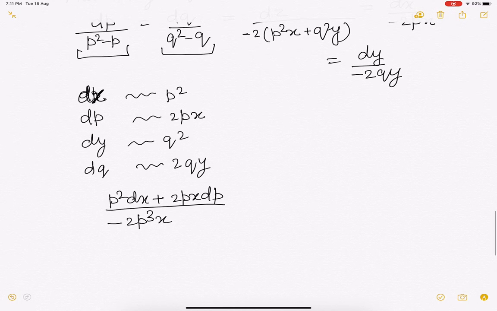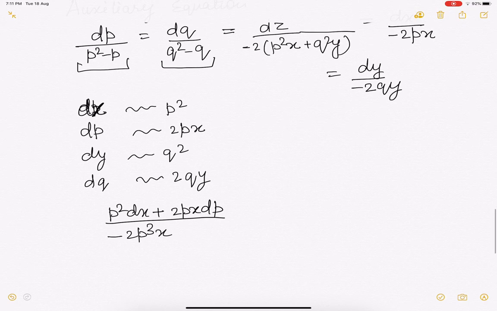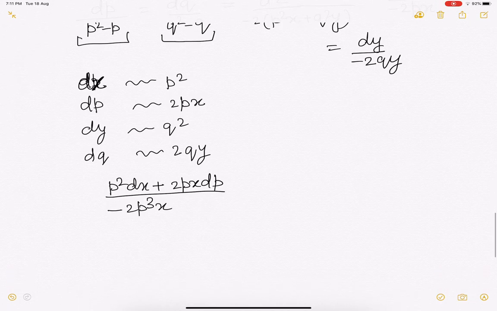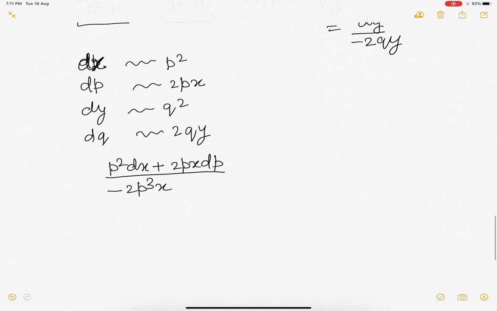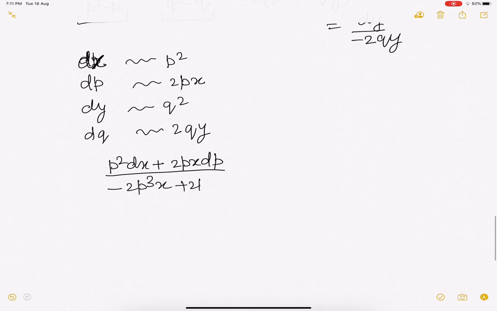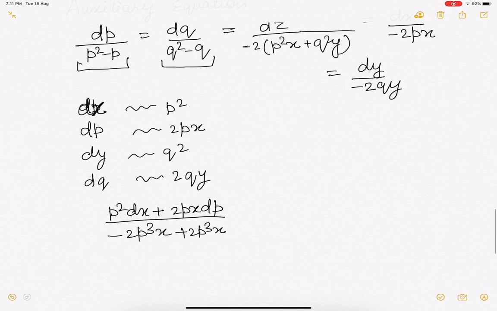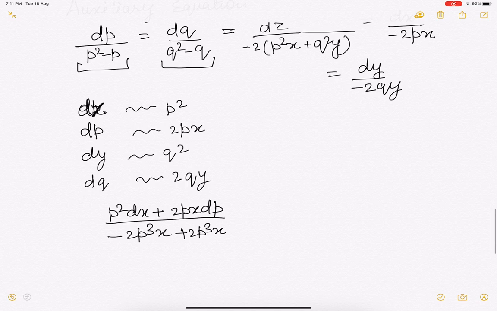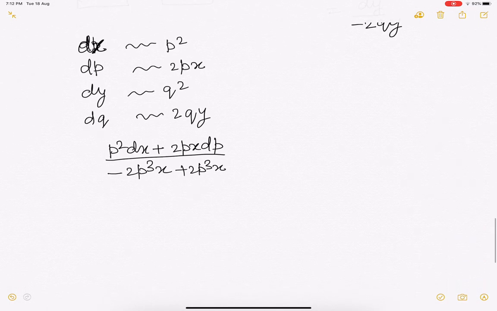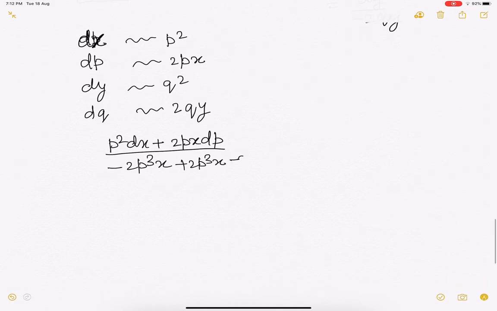Now what is 2px dp? 2px dp, let us multiply it. So we'll get 2p cube x plus 2p cube x minus 2p square x minus 2p square x.